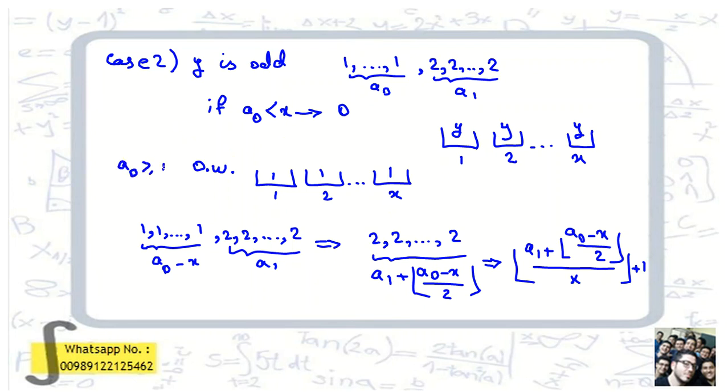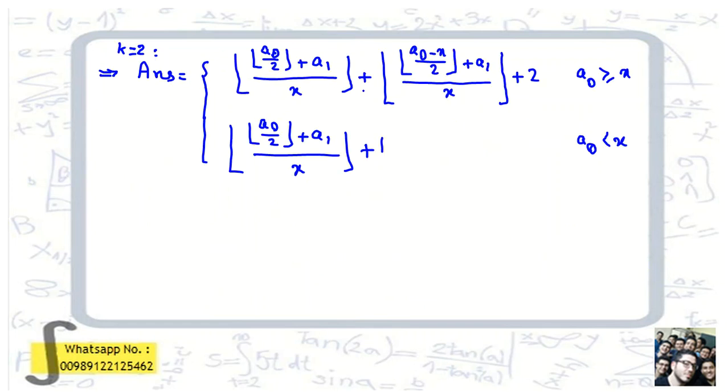Otherwise, if A0 is less than x, you can't place at least one 1 in each bag to reach a y that is odd. So for A0 greater than or equal to x, you use one 1 for each bag and then change the rest to 2s, and like the previous case, you have A1 plus floor of (A0 minus x) over 2, and similarly you reach this number of cases. Now for k equals 2, to simplify the answer: for A0 less than x, only even y is possible, and for A0 greater than or equal to x, you would reach this.